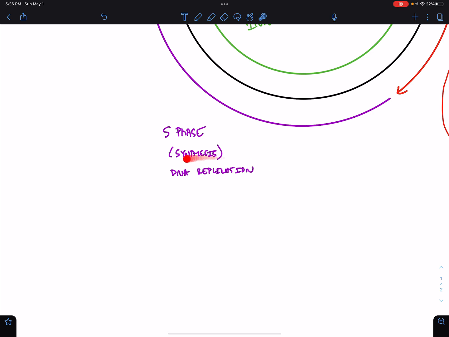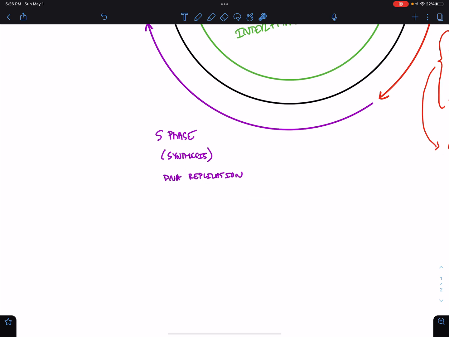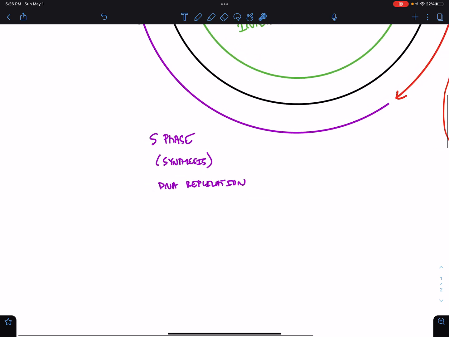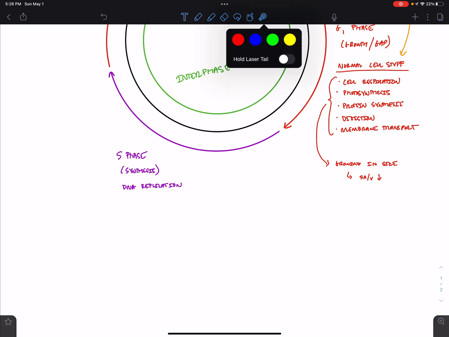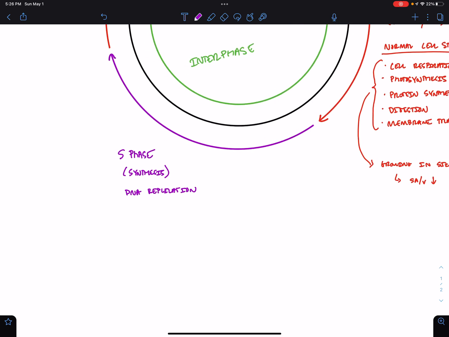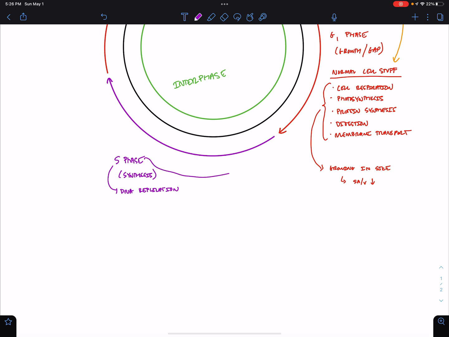But we haven't talked about how that happens, and we're going to get to that when we discuss genetics. But for now, just know that during S phase, the DNA is being replicated. And then also during the S phase, the cell is doing normal life stuff. And it's also growing in size.